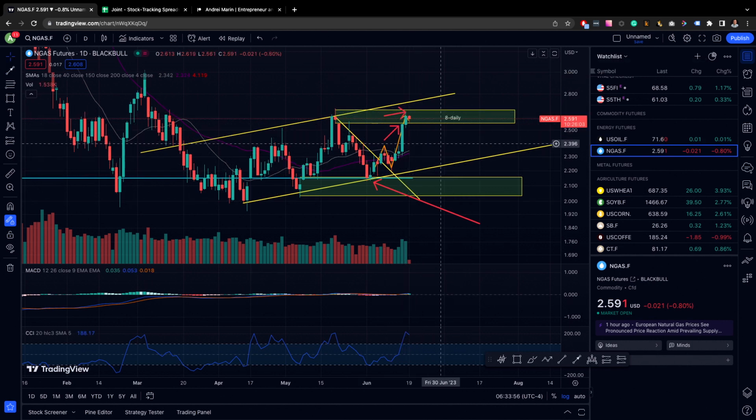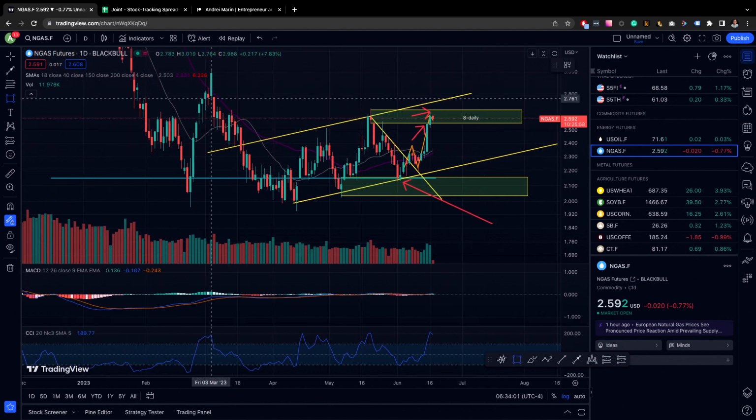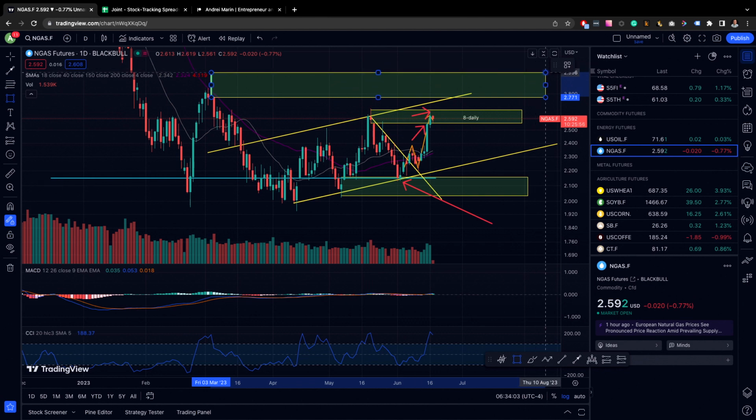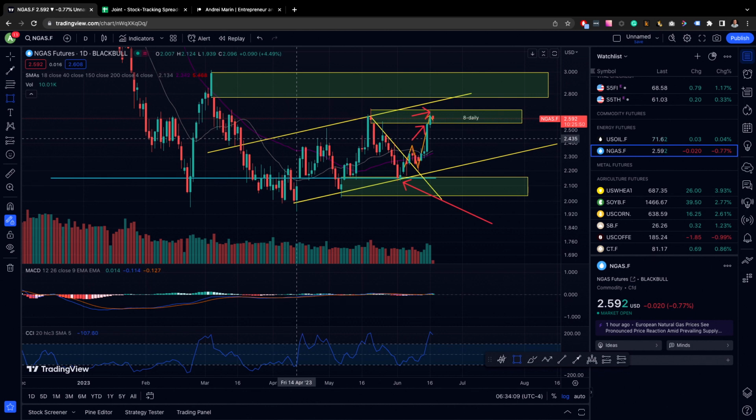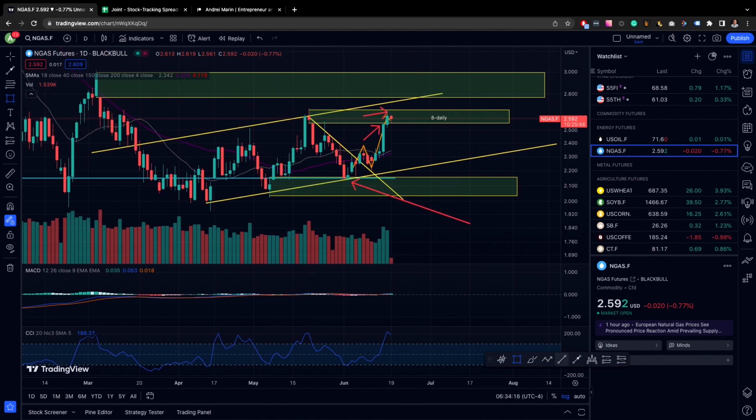I still think that this is not the strongest zone that we can possibly get rejected by. This is probably a lot more powerful than the one that we're in currently. So with that in mind, I think there's still upside for NatGas here, but I wanted to show you how you could use this for profit taking as well, because we have exited our position here.